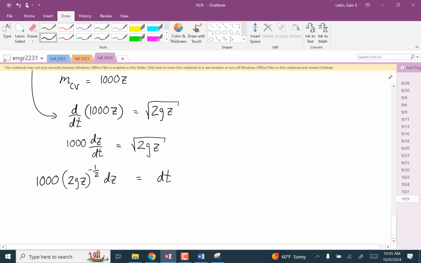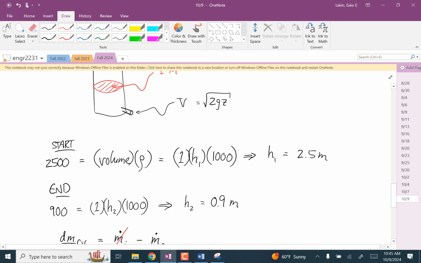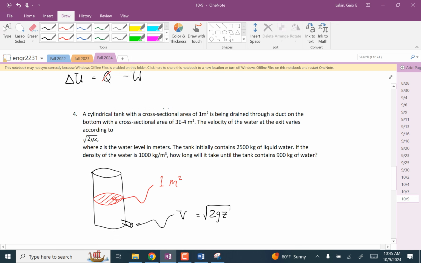And now you can integrate these two parts. So we have 1,000 times the integral from state 1 to state 2 of 2gz to the negative 1/2 dz is equal to the integral from state 1 to state 2 of dt. We're just trying to figure out how much time goes by, is that right?